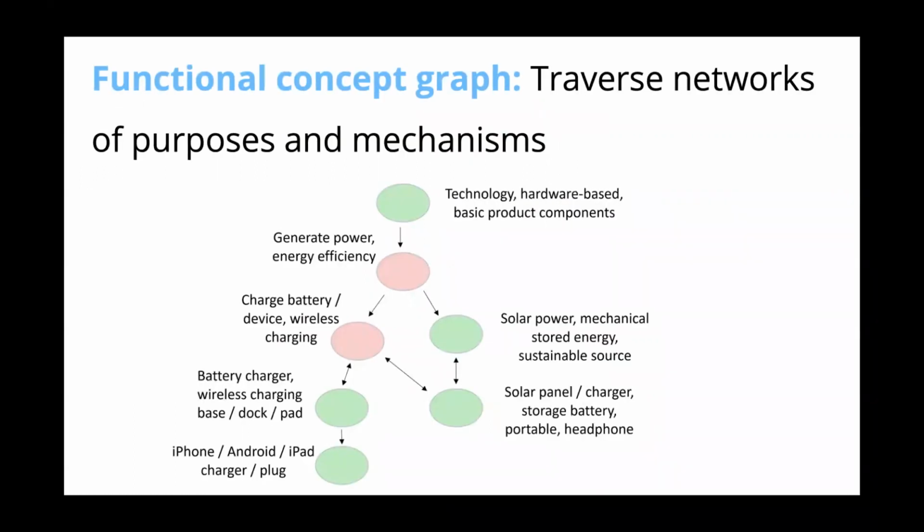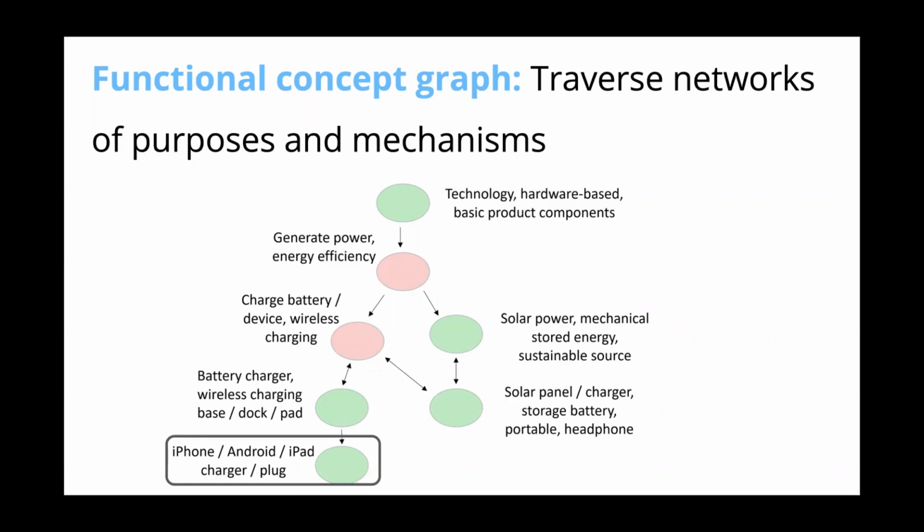Furthermore, by automatically extracting purposes and mechanisms from across many products in our corpus, we build a network of purposes, which are seen here in pink, and of mechanisms, which are seen in green. We call this network the functional concept graph, and traversing this graph can allow us to find inspirations for problem solutions that we potentially would not have otherwise considered.